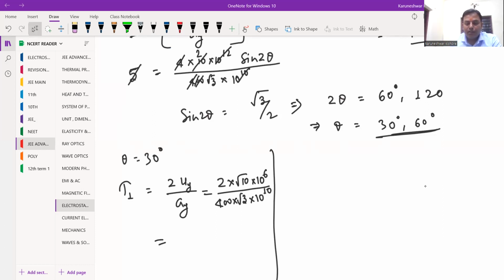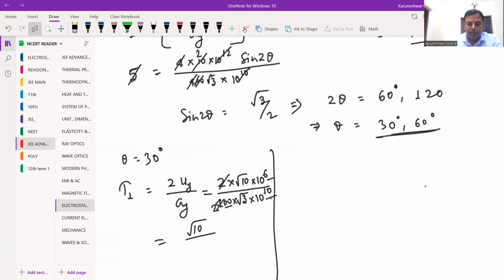So simplifying this time period, it is 10 to the power 6 and here it is root 3. So how much it is? This 20 and 10, it will be 10 to the power 12, and in 6, so it will be 10 to the power. Now we can write here, this is root 10, and this 2 and 2 getting cancelled out.